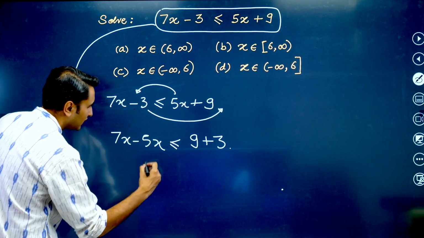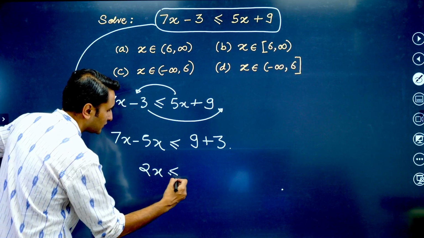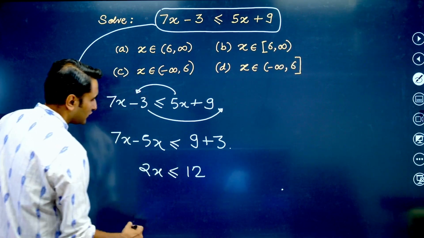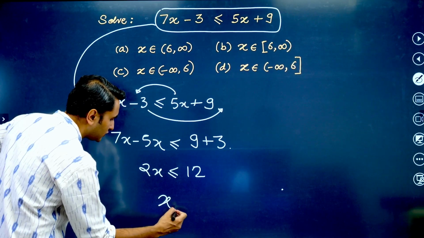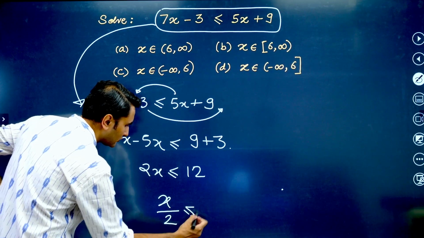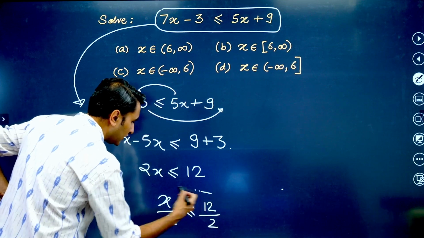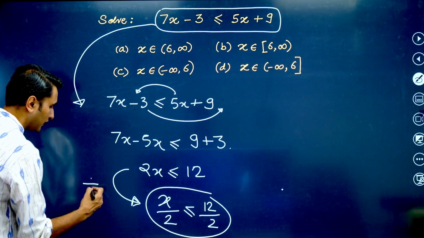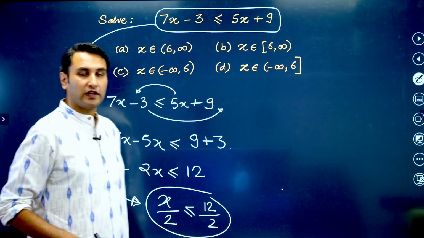So what happens? This becomes 2x, this becomes 9 plus 3, how much will it be? 12. So now can I divide both sides by 2? When I divide by 2, will the inequality change?